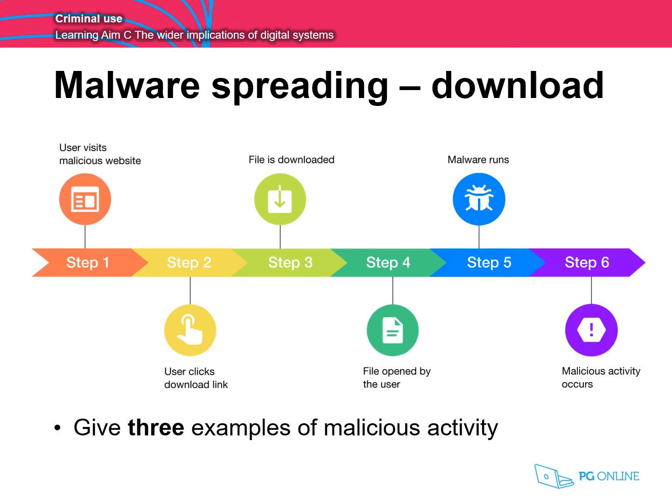The final method we're going to look at in detail is downloading the malware onto your system. You may visit a website, and without realizing it, this website is malicious. It has bad intent. And when you click on a link to download something, whether that's you believing you've got a free song or a receipt for an item you just purchased, the file is downloaded to your system, and when that file is then opened or run, malware is installed onto your system or device.